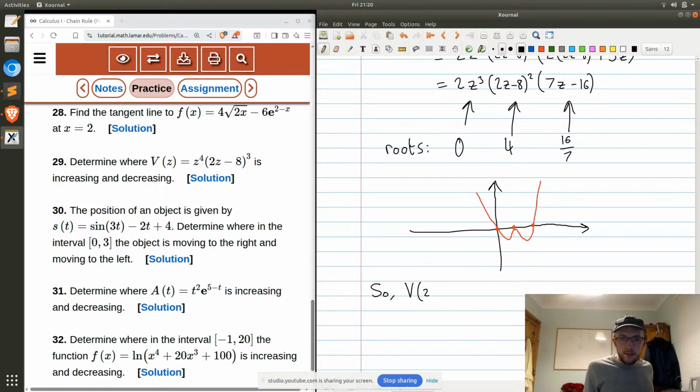So V of Z is increasing for a Z that is less than 0 and a Z that is greater than 4.